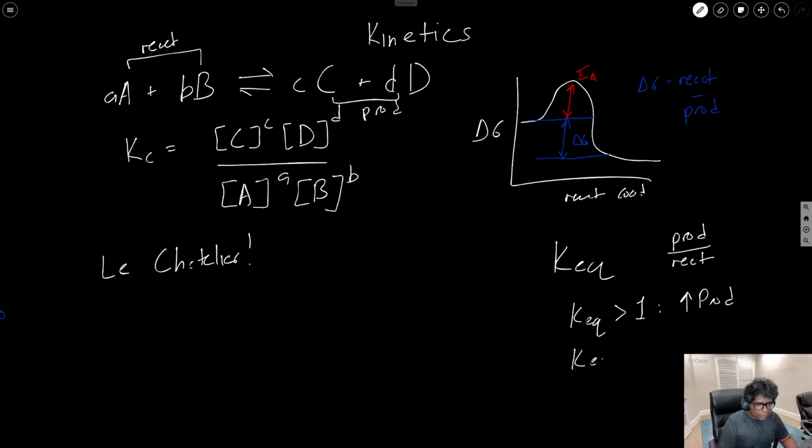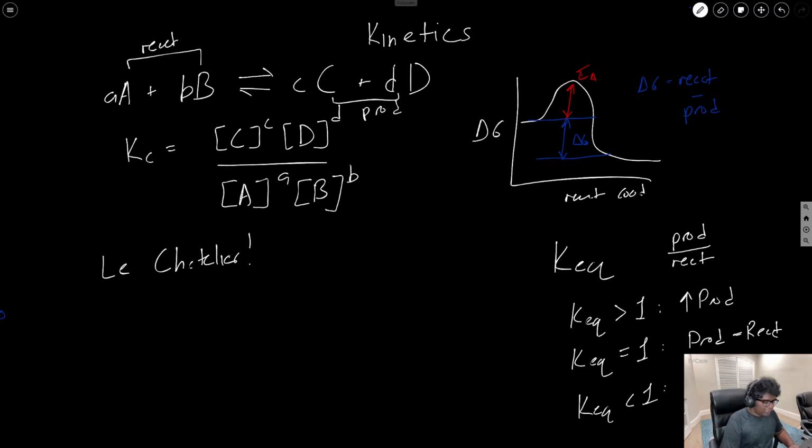If Keq is equal to 1, we just talked about this, products equal reactants. Very rare to see this. I'm thinking just in general, I don't think you'll ever see this. I've never seen this in my labs or anything like that. Keq being less than 1, that means you have more reactants.